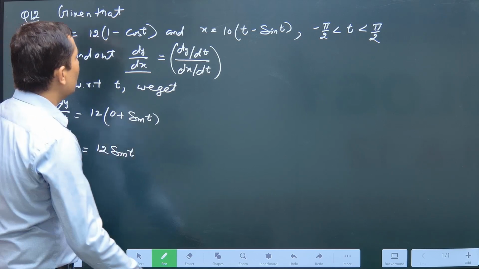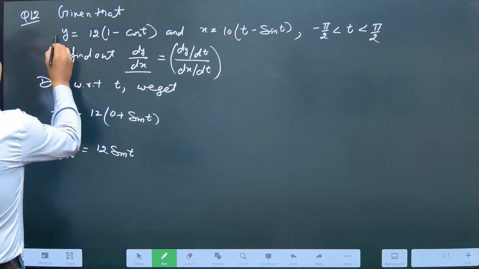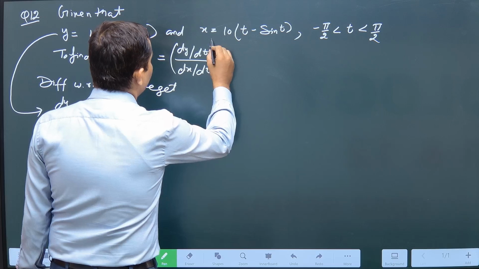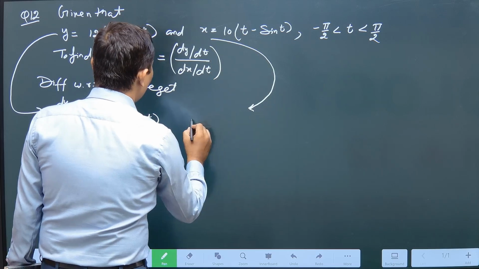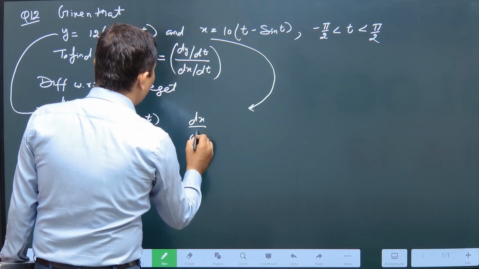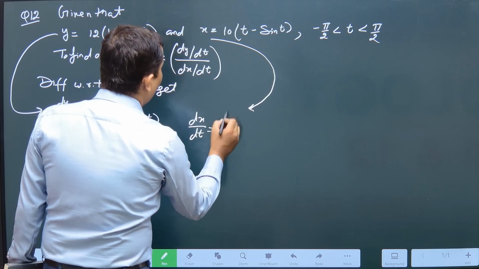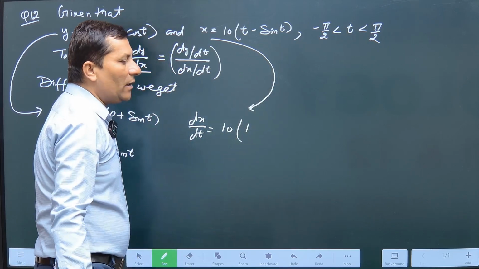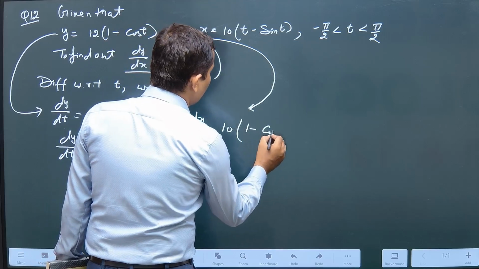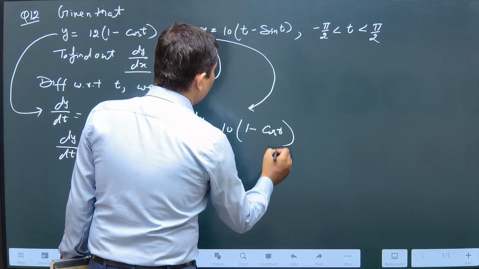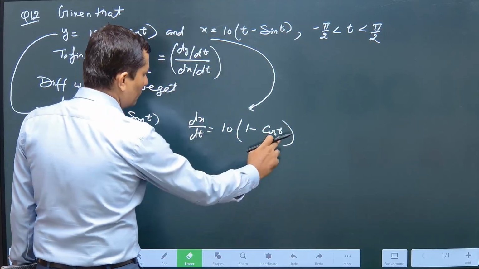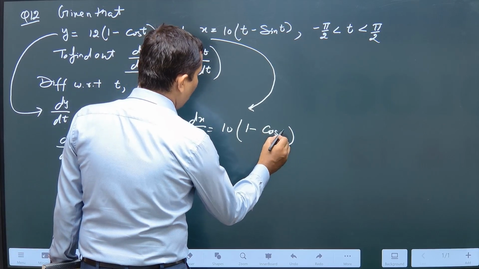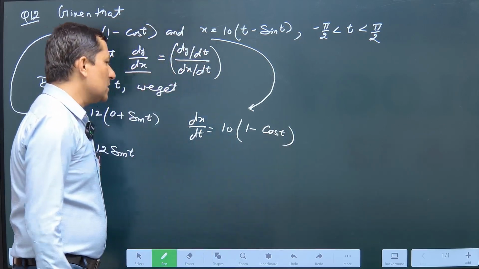Understand? That is its derivative and now, your dx upon dt is equal to 10, derivative of t is 1, derivative of sin t is cos t, minus cos t.